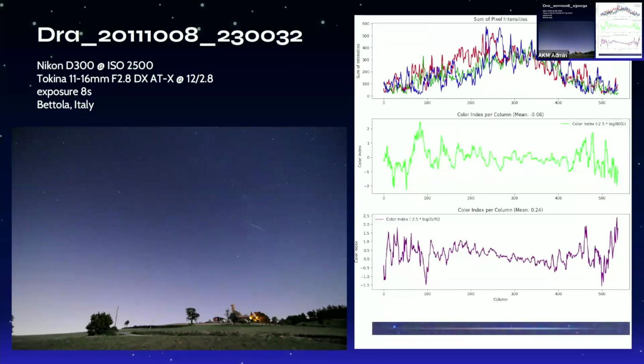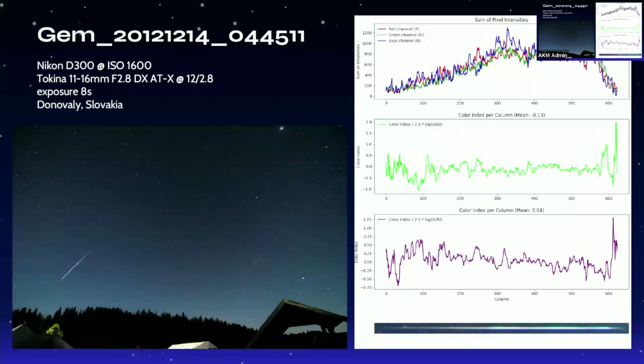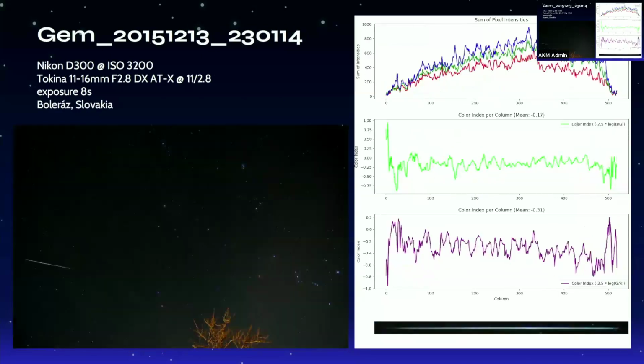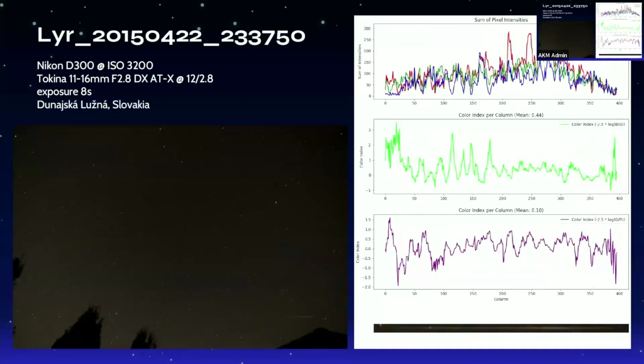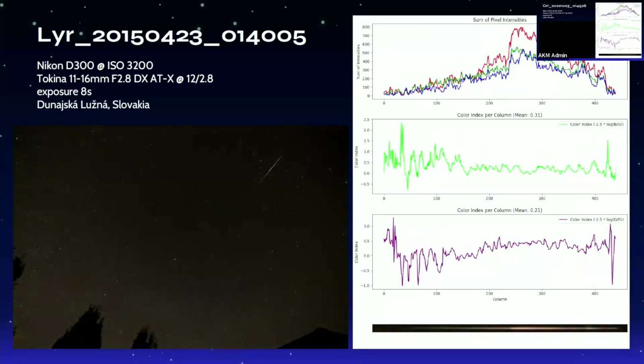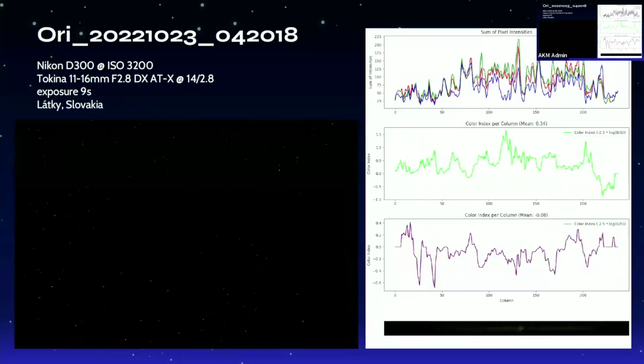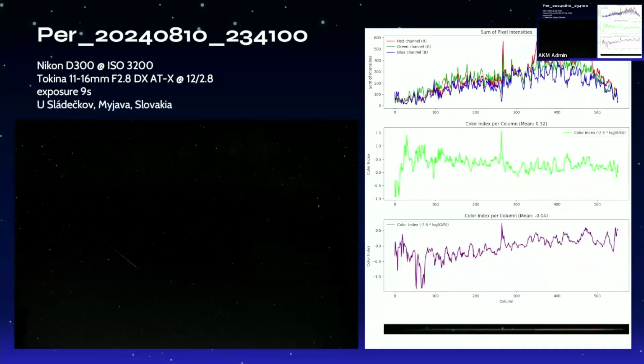So these are some Draconids, Geminids, Lyrids, Orionids. Did you see these meteors? Yeah? Okay. And these here are Perseids.